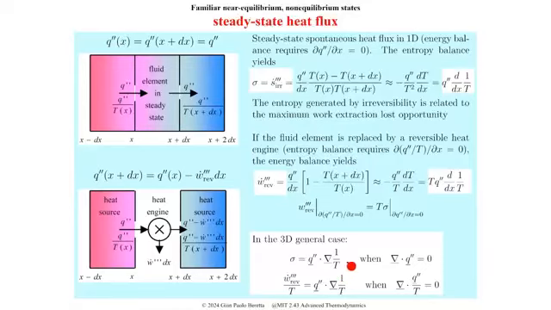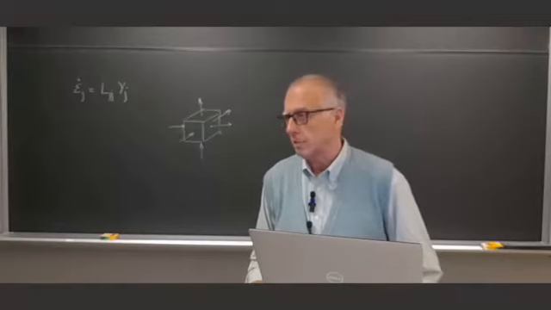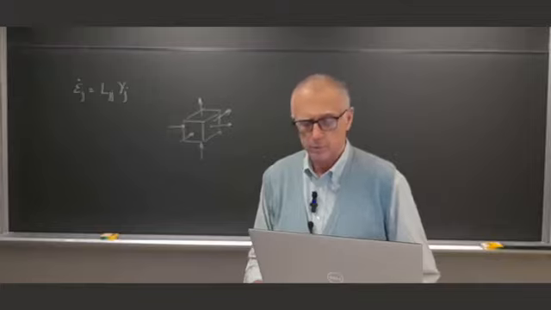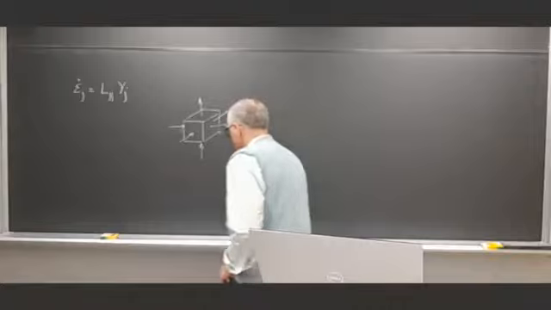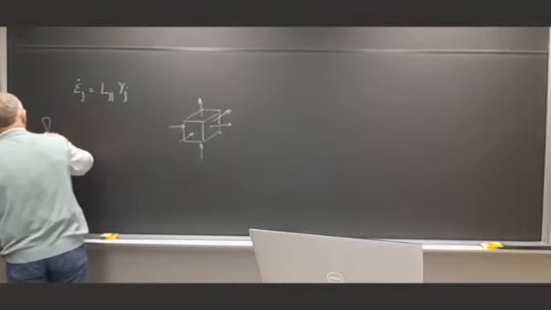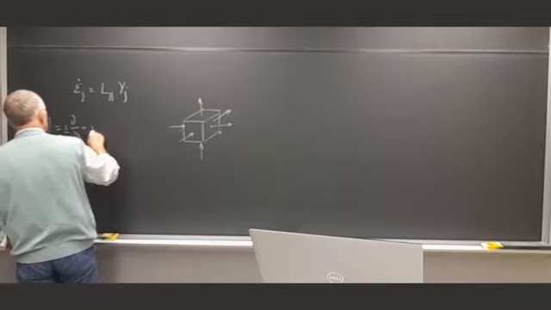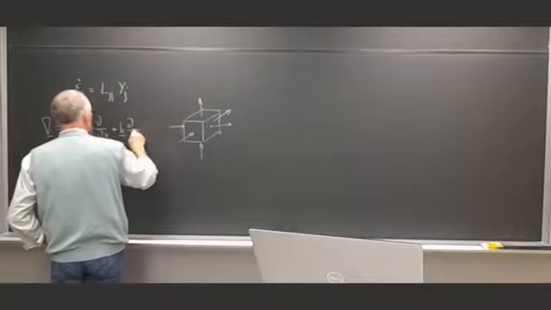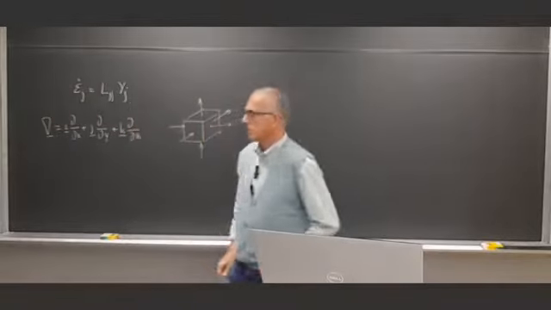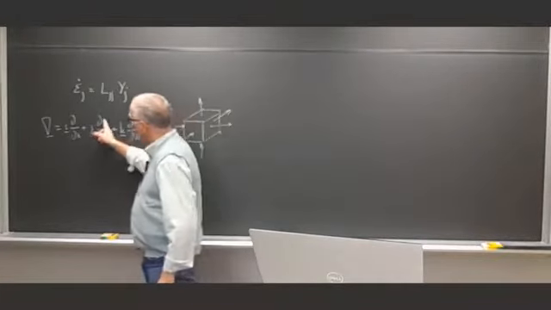This is why I like to put the underline under the nabla symbol, because nabla is a vector operator, like Q. I'm sure you are familiar with that. Nabla is this operator here, a vector which has as components the partial derivative symbols.